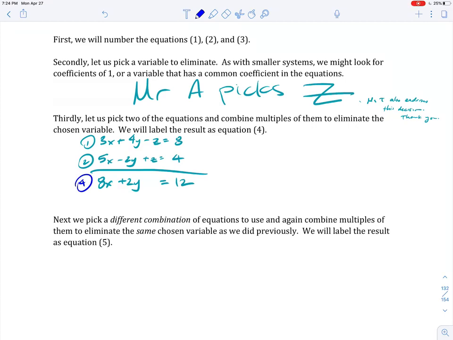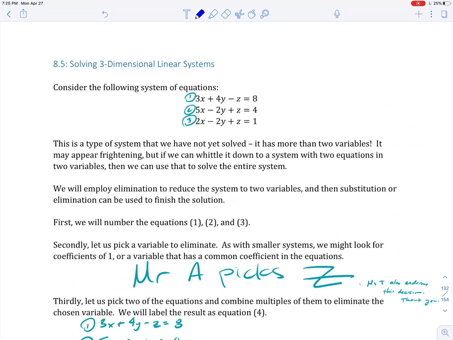We're going to eliminate z again, but not by combining equations 1 and 2. That's done. We're going to use a different combo. We can go with equations 1 and 3, or we can go with equations 2 and 3. We're just not going to go with 1 and 2 again. Let's go with 1 and 3.